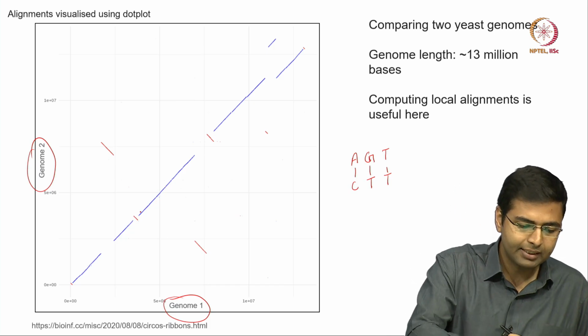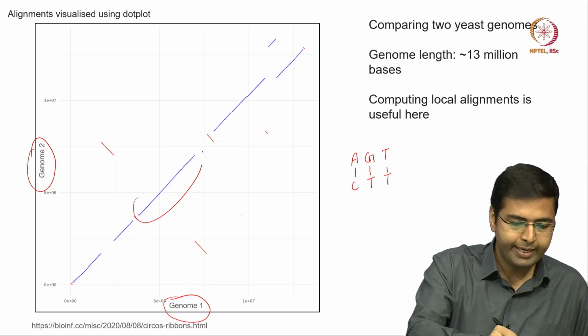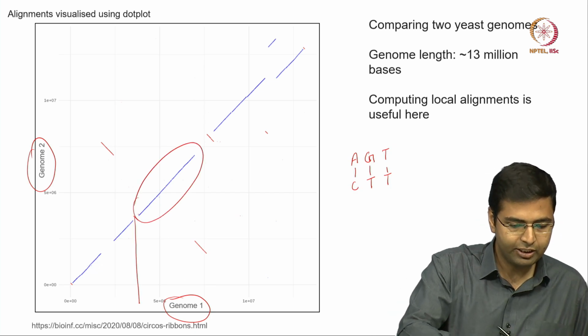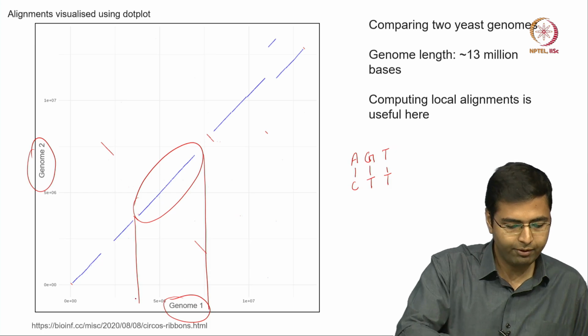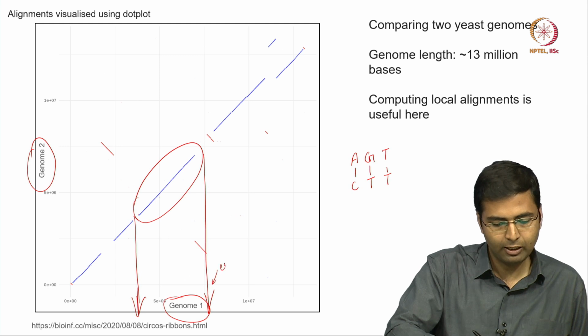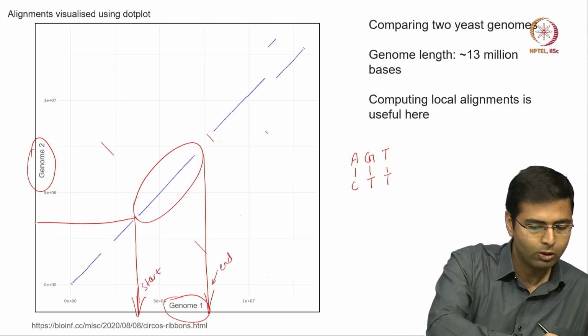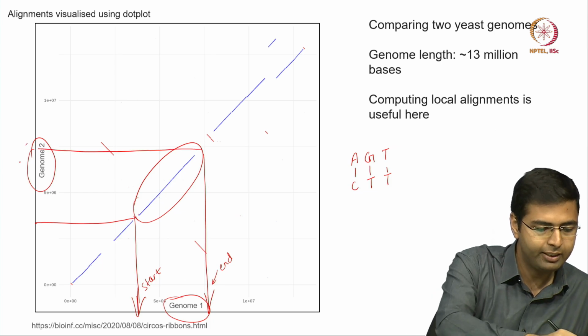For example, this particular line segment indicates that this region of the genome, starting from some locus to some locus, so this is the start locus and this is the end, matches to this region of the genome.